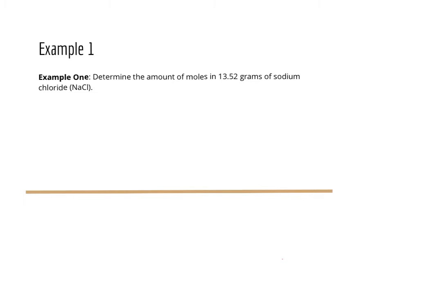Okay, and so here's another example that we're looking at, and it is determine the amount of moles in 13.52 grams of sodium chloride. I'm also just realizing that this says example 1 and the other one says example 2. Don't worry about that, just do each of them, please. So we're looking for the amount of moles, and we have the mass of sodium chloride.